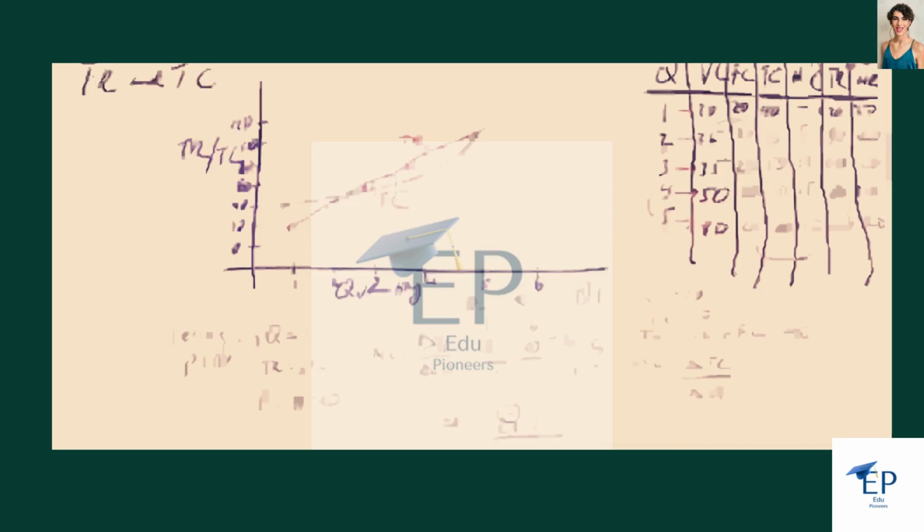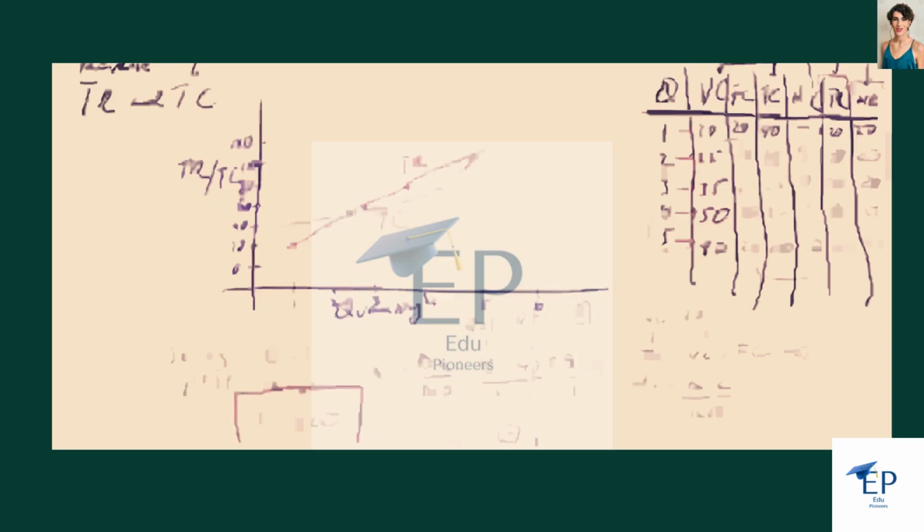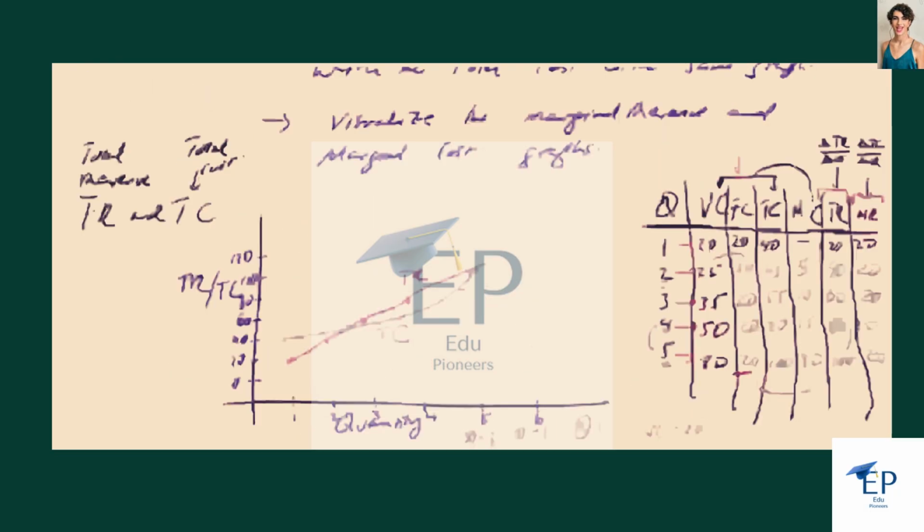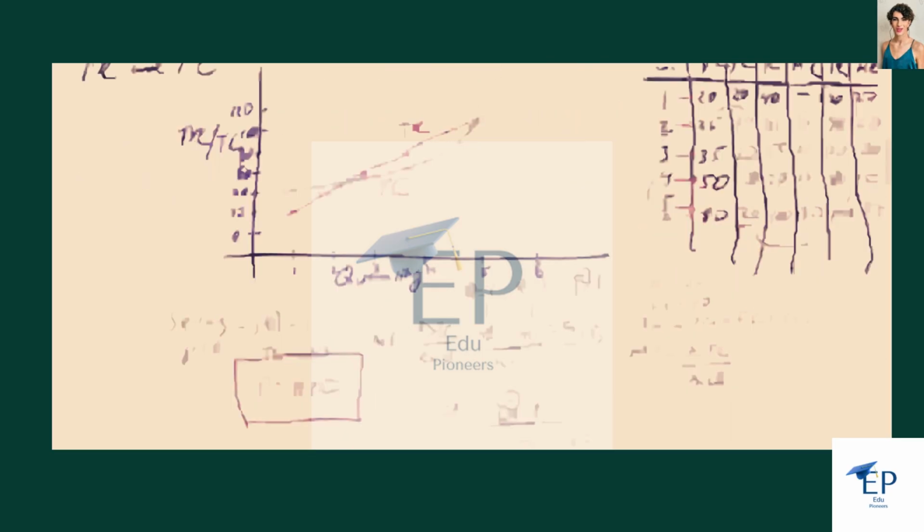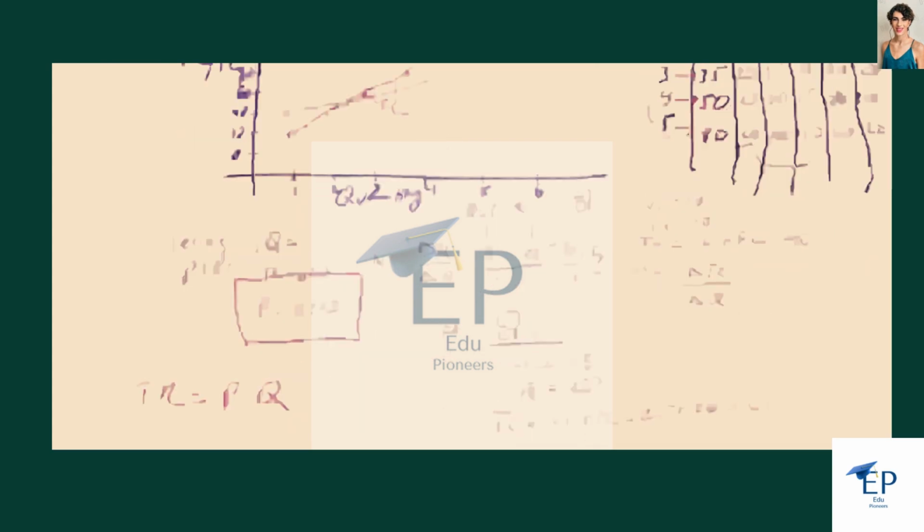And so we built a table showing the fixed cost, which never changes. It's always $20 to produce. And then the total cost, which is the sum of the variable and fixed cost. Total revenue is the product of the price times the number of units you're selling. So if you produce one item, you're only going to get $20. If you produce 5 items, you're going to get $100.